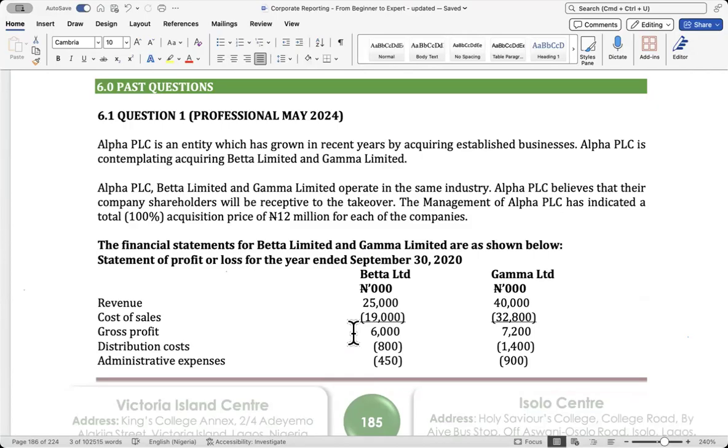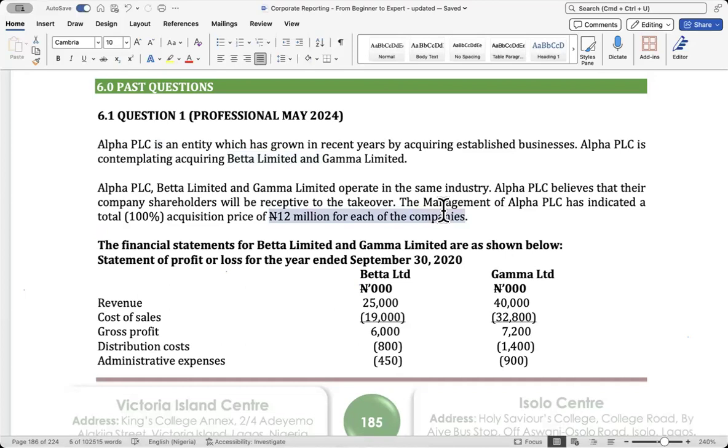So this particular one, the context there is quite straightforward, because what is happening is that Alpha wants to buy these two companies, and each of them is 12 million naira. They're asking you to advise them on that investment decision.